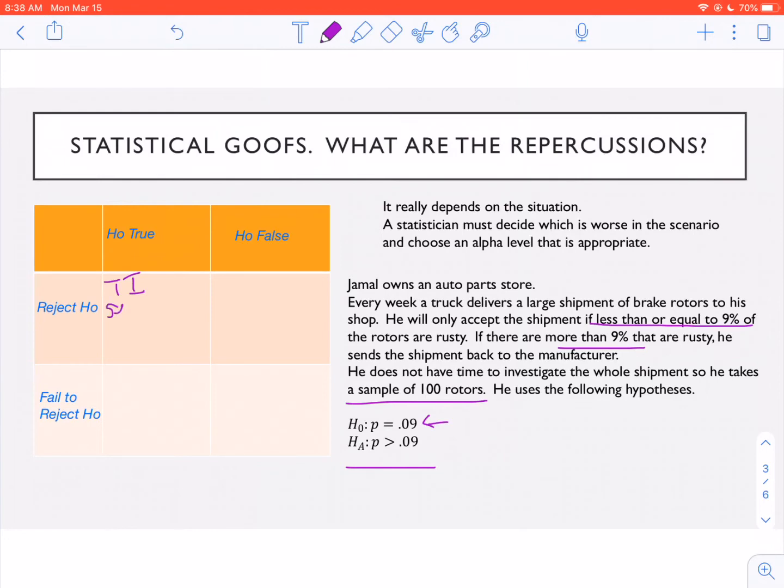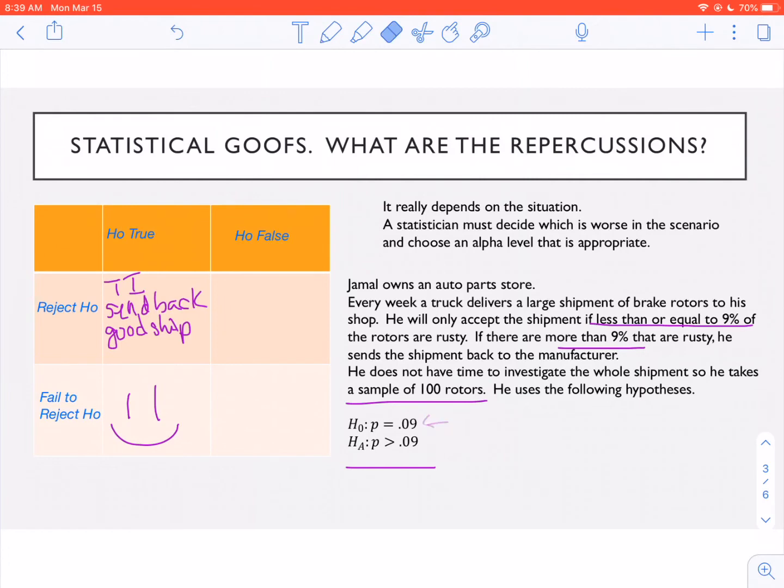He sends back a good shipment, which means he will have less product to sell on his shelf and probably less money coming in. If he fails to reject H naught, that's actually a correct decision. So that's good.